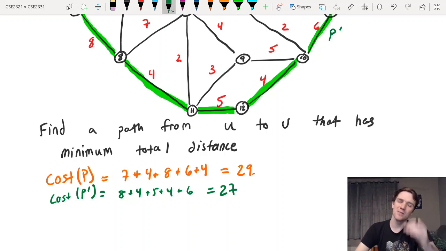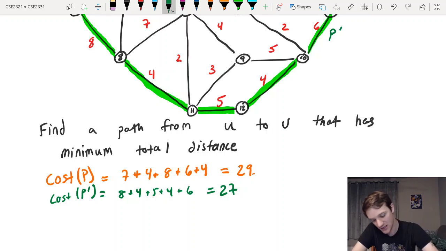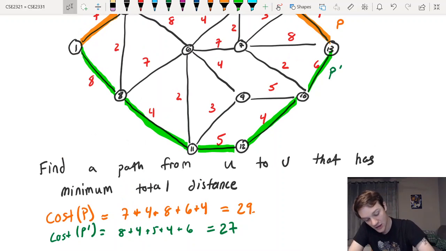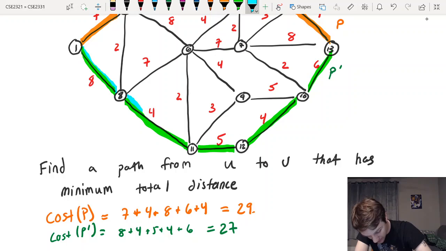Is that the best path? It's really not obvious that it is or isn't. Let's try another one. We'll do this one in blue. Start out the same, because this one seemed like a good start. But instead here, we're going to go from 11 up to 9, and then over to 10, and then up this way.